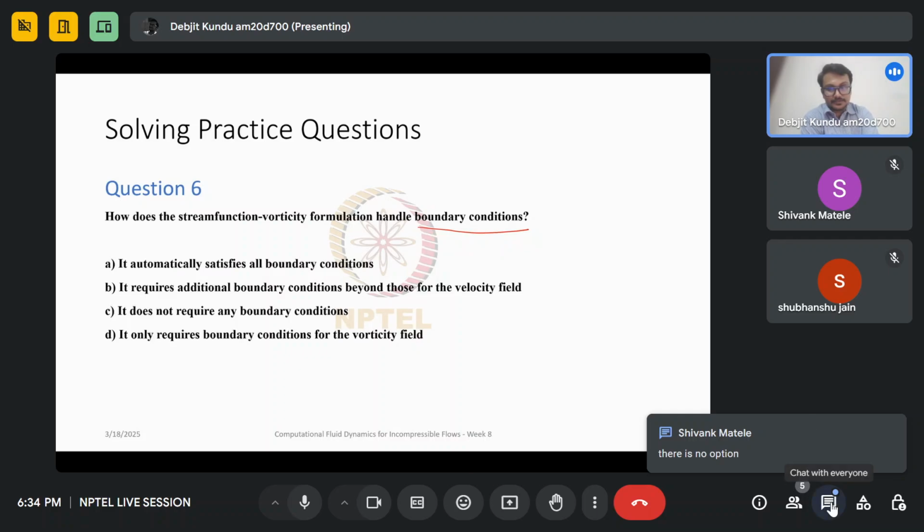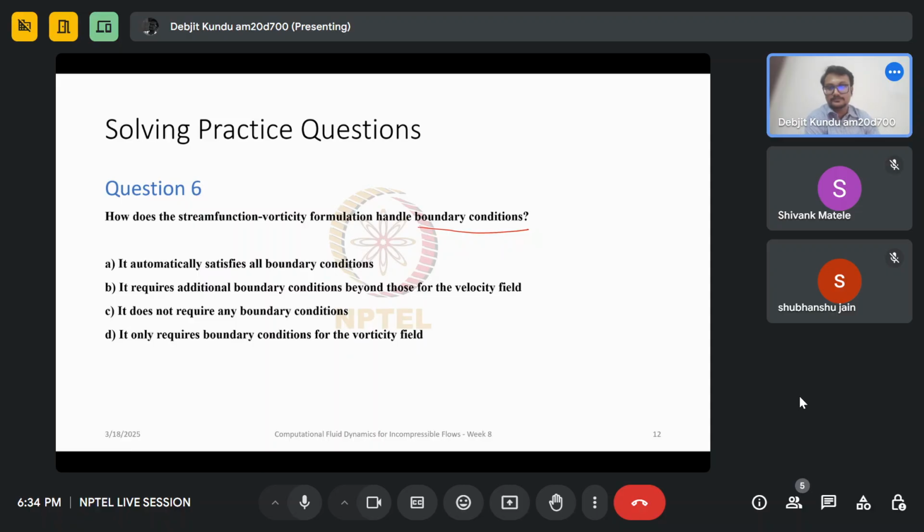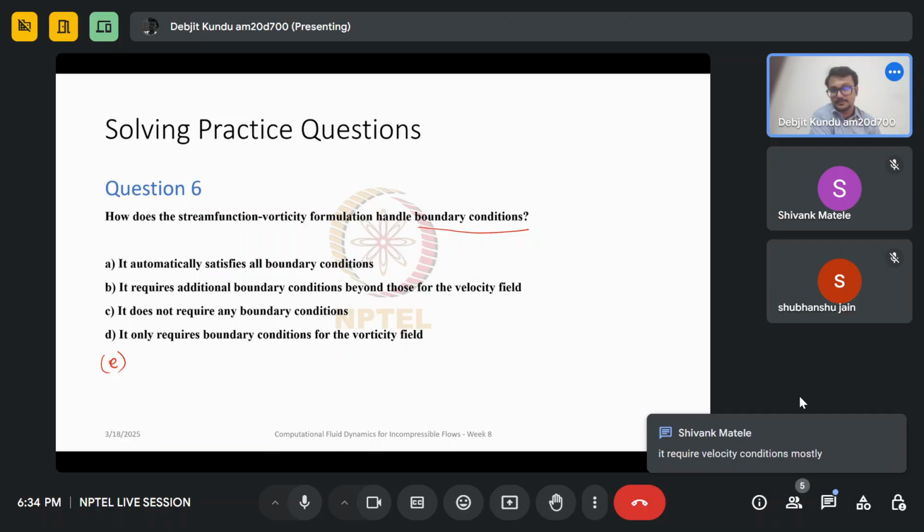There is no option, so maybe option E. What would you suggest option E should be? It requires velocity conditions mostly. Okay.